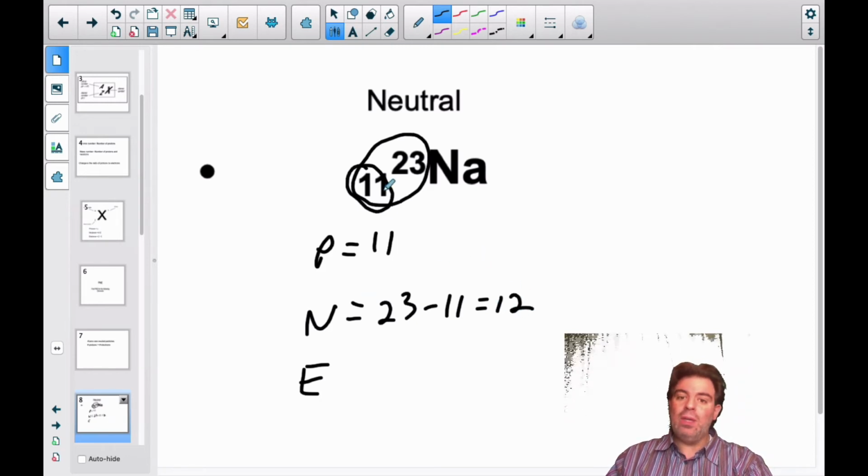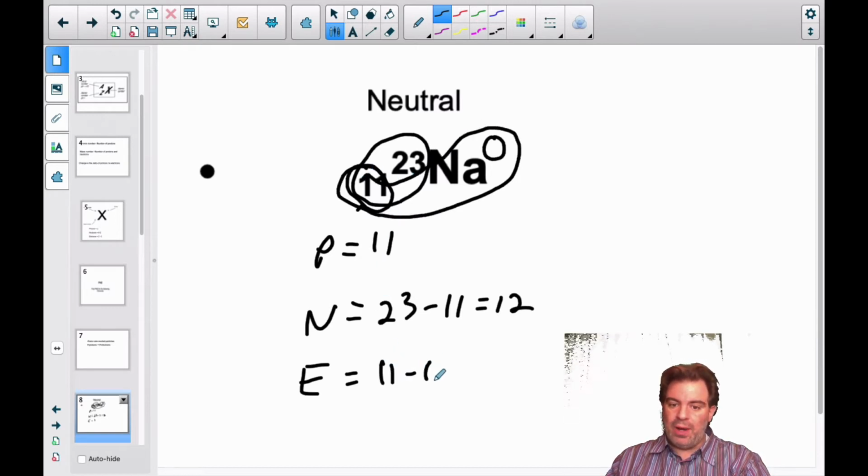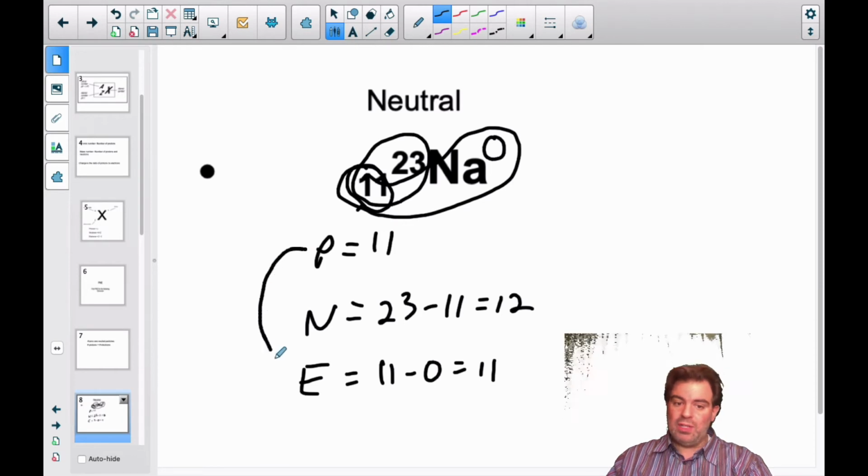And then finally, because it's neutral, the charge, as we just said, is going to be 0. In order to find the electrons, we subtract these two numbers right over here. So in this case, it's 11 minus 0, so 11 electrons. And that's why it's neutral. The number of protons equals the number of electrons.